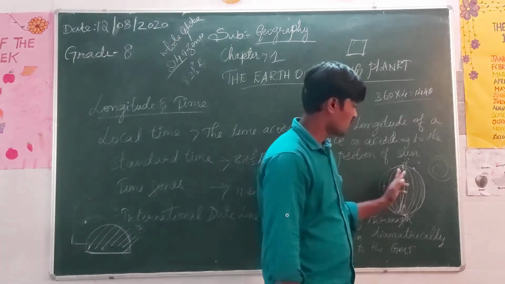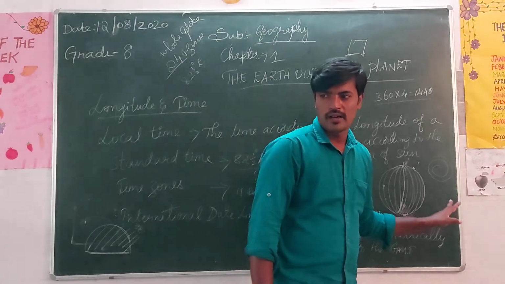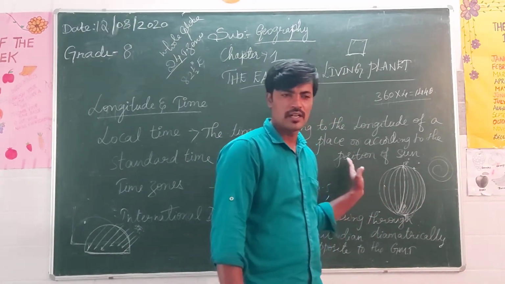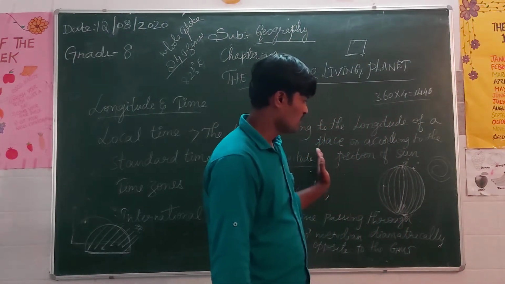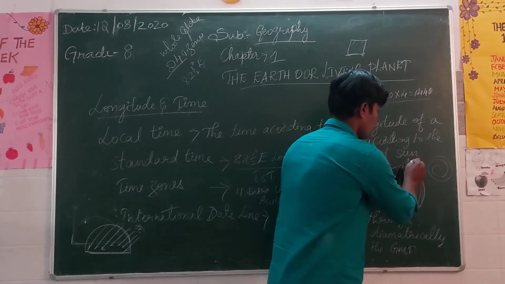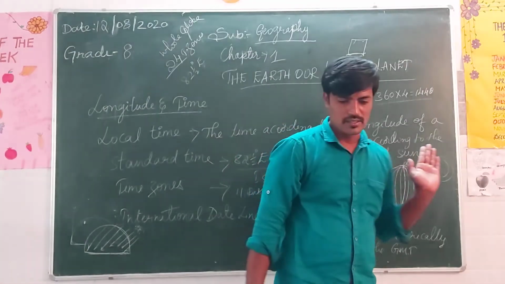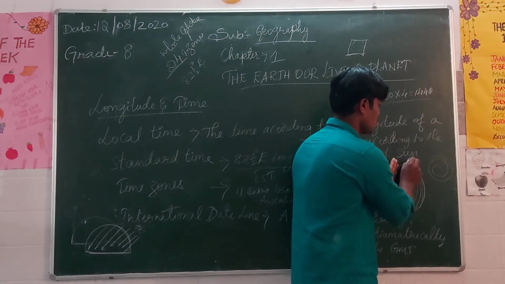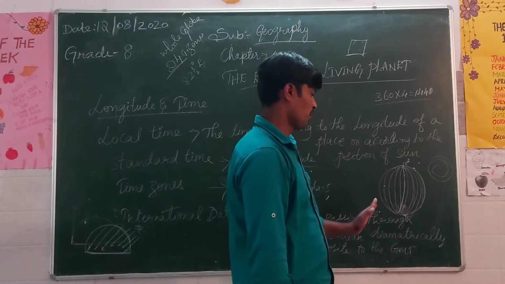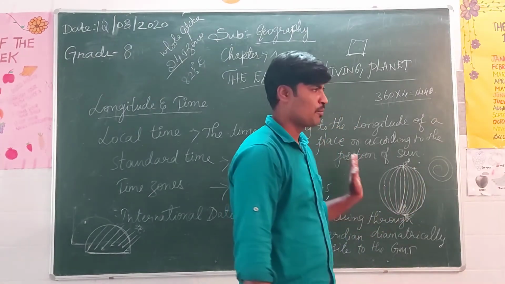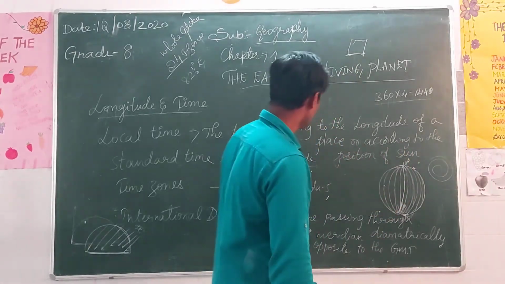So the country which receives sunlight first gains the time first, and those on the western side lose it. Countries ahead gain the time, and those located diametrically opposite, after the meridian, lose their time. That is about longitude and time.